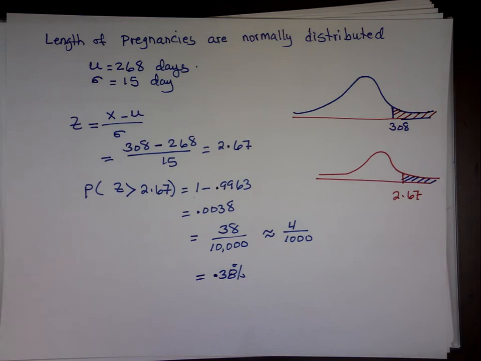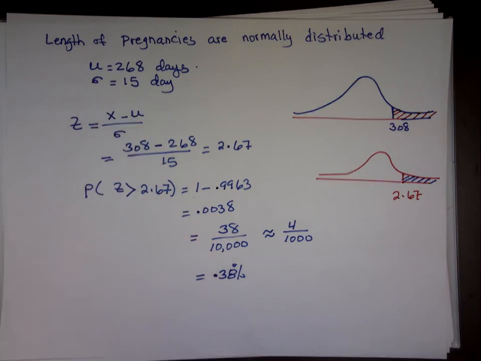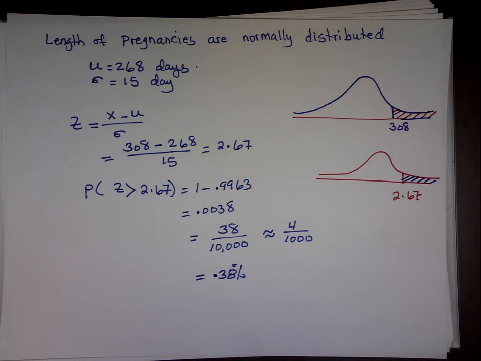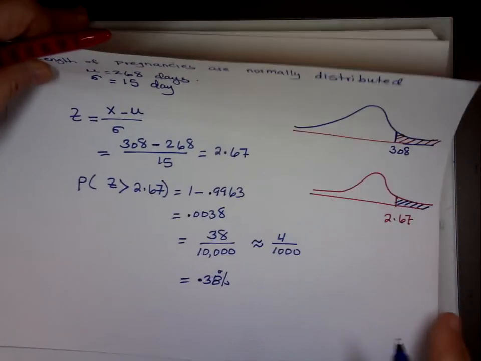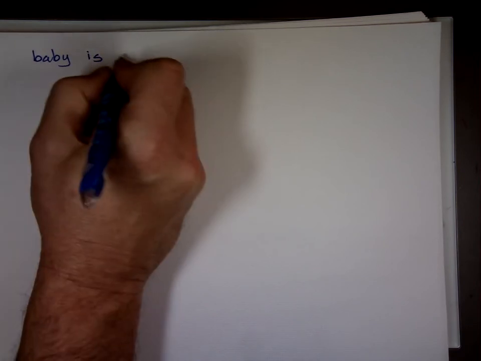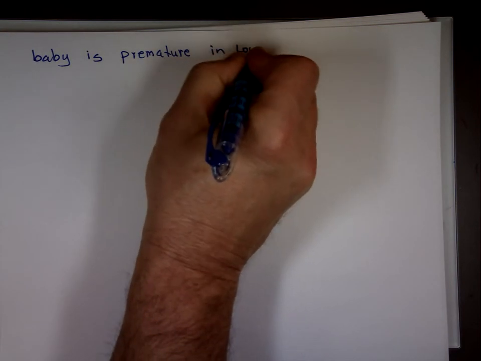Now let's continue with this. There's another part to this problem. Pregnancy mean is 268, standard deviation is 15 days. Part B now, using this information, let's talk about babies born premature. This is very common. A baby is premature if it fits this criteria: it is in the lowest 3%.